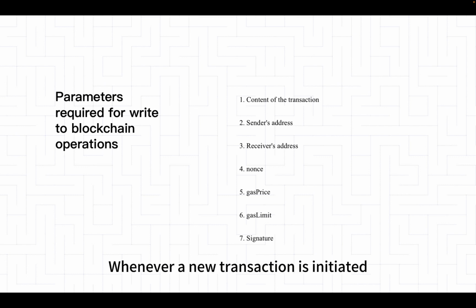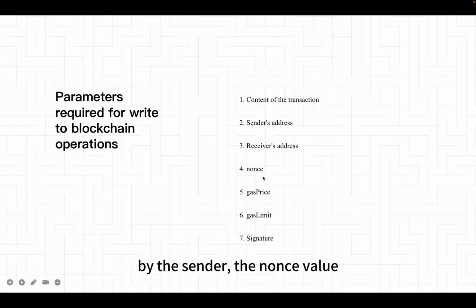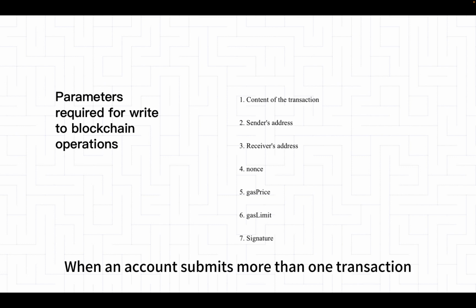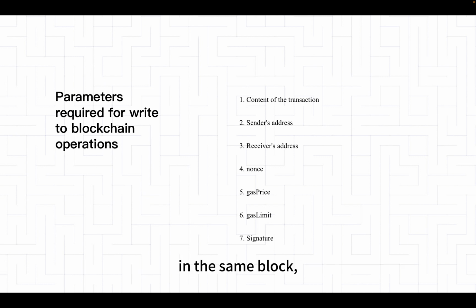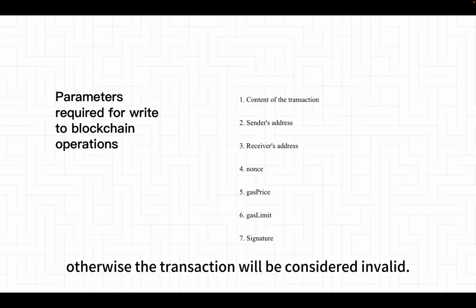Whenever a new transaction is initiated by the sender, the nonce value is automatically incremented by 1. When an account submits more than one transaction in the same block, the nonce must be consecutive to the nonce value of its previous transaction. Otherwise, the transaction will be considered invalid.